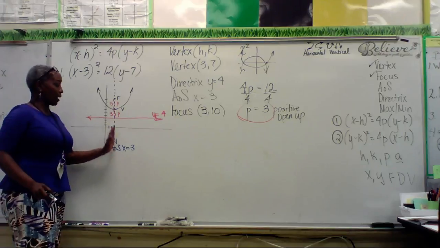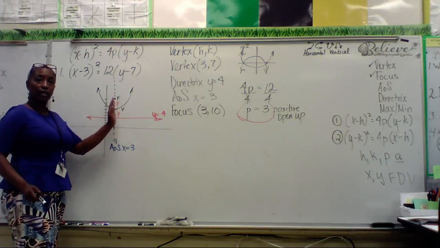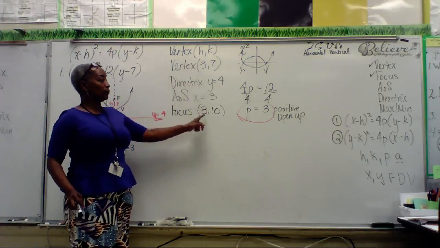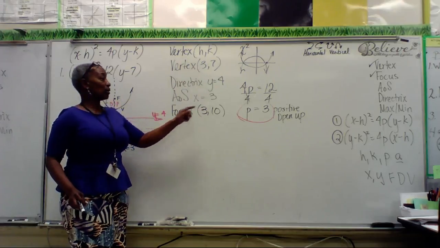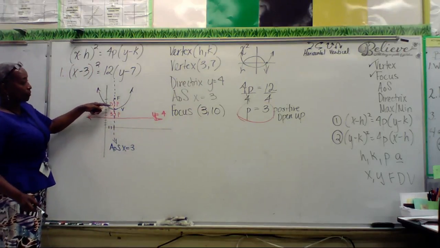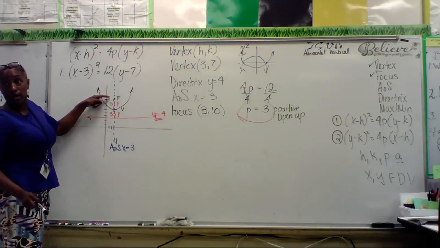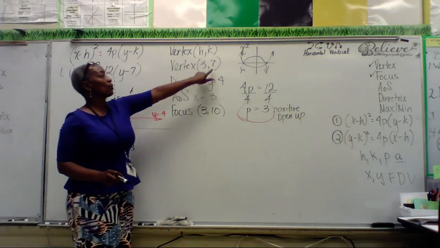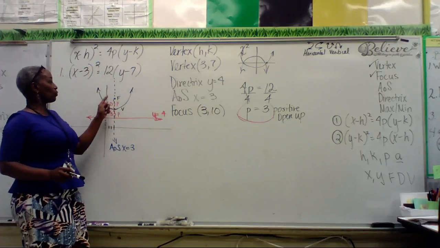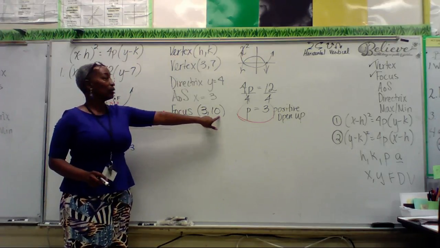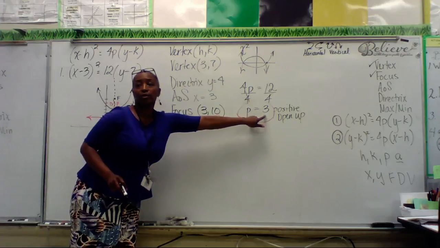Okay, so our x value in line with the vertex is 3, right? Everybody agree with that? But we went up that P distance, right? Yes. So our y value changed, right? Yes. So our y value was 7, but when we went up 3 on the y, it changed to what? 10. 7 plus 3 is 10.